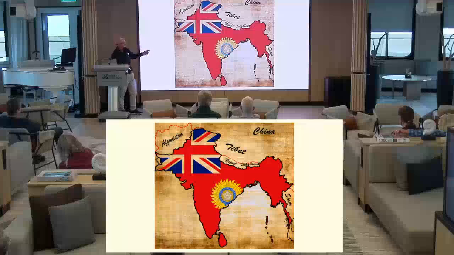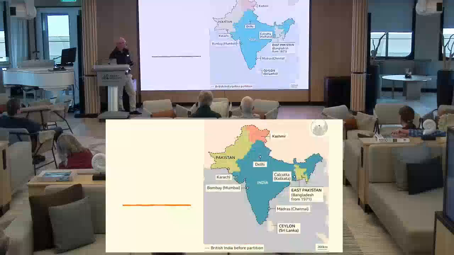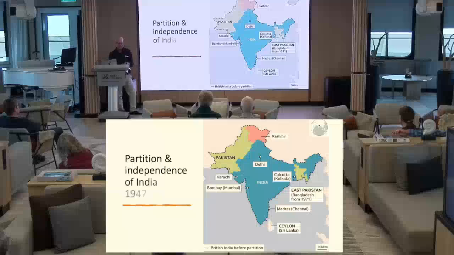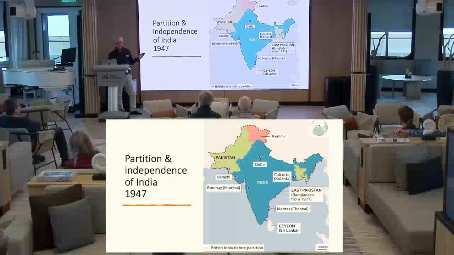It's struggling to maintain control of its empires, and by 1947, India gains independence. So because of that, Britain's priorities start to shift in the Arabian Peninsula. Control of the colonies becomes less important. It starts to focus instead on protecting the more important oil revenues and oil reserves that it's finding increasingly in the Arabian Peninsula.